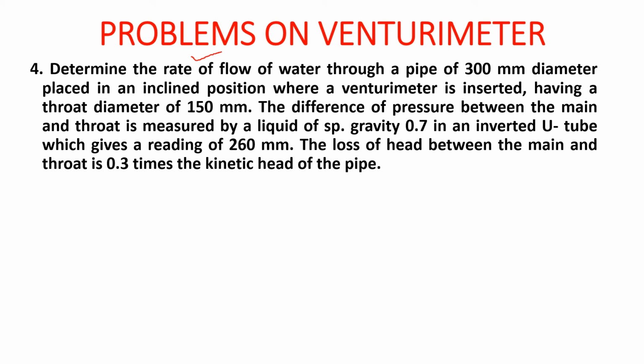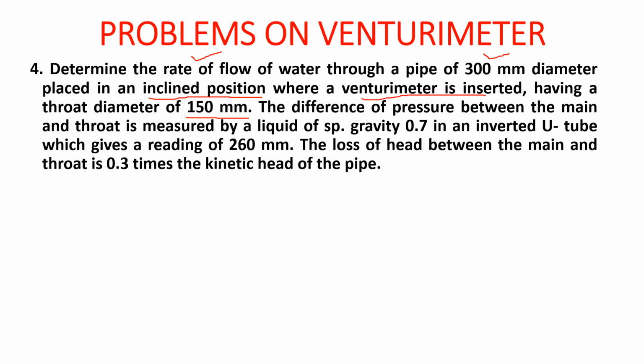Determine the rate of flow of water through a pipe of 300 mm diameter in an inclined position where a venturimeter is inserted, having a throat diameter of 150 mm. So inlet diameter of pipe is 300 mm, throat diameter is 150 mm.